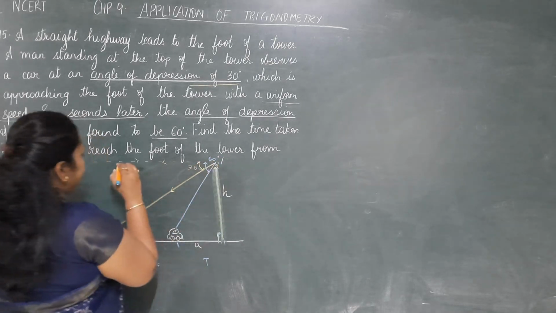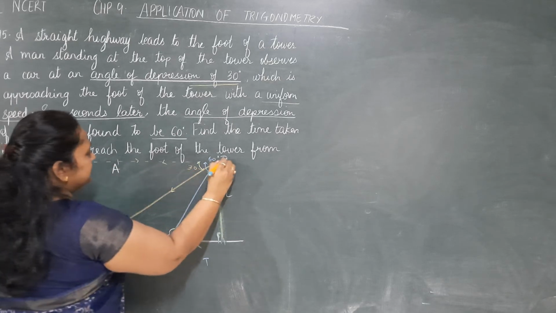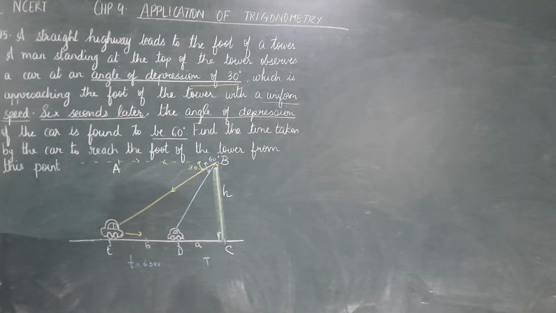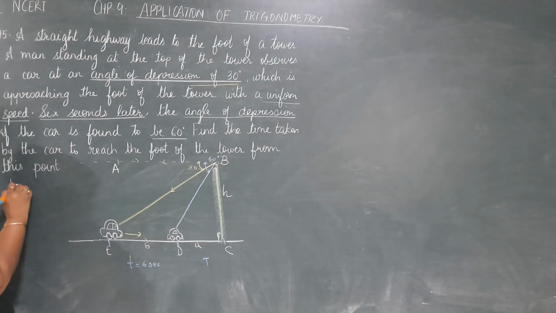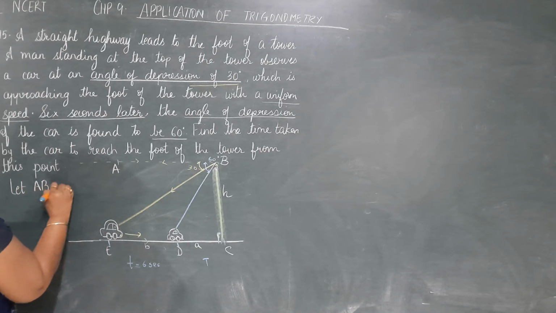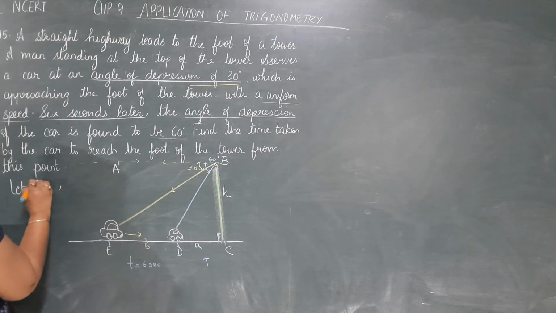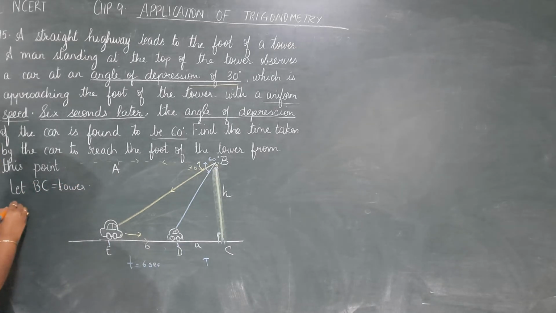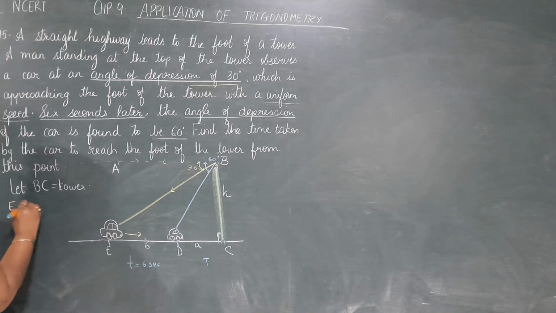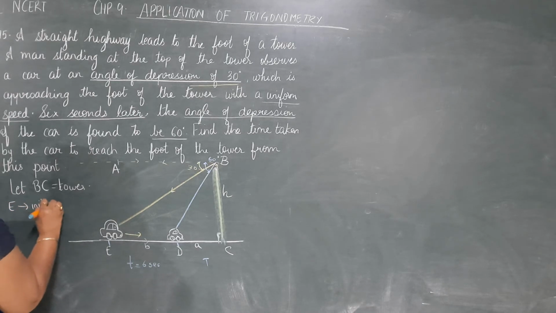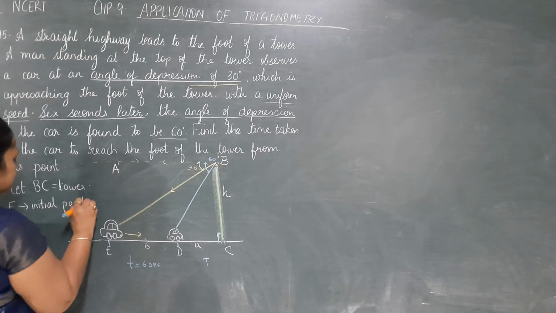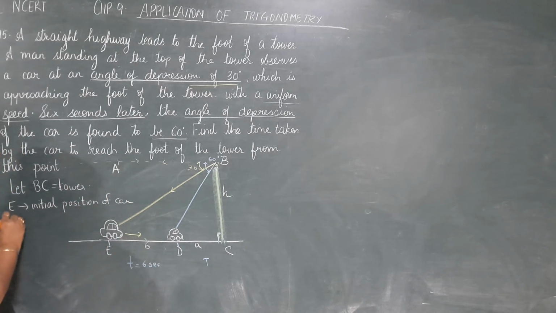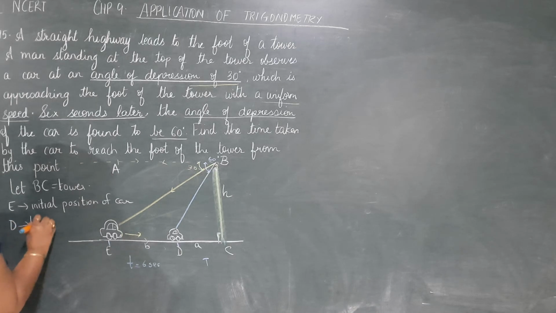Likewise, let us name the points A, B, C, D and E. We'll say let BC be the tower. E is the initial position of the car, and then D is the later position of the car.